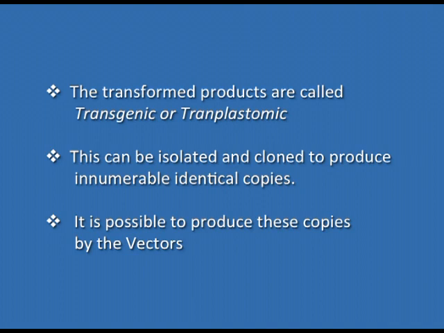Now, how is it possible? How is the transfer possible from one organism to another organism? This is possible because of what is known as a vector. Once the vector transfers the target gene, the gene is incorporated into the target genome. After this insertion, the isolated gene produces numerous cloned copies of itself.